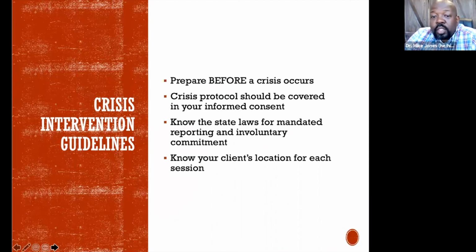One of the first things we want to do is to prepare for a crisis before the crisis occurs. It is always easier to deal with a problem if we have some set guidelines before a person finds himself in that situation.